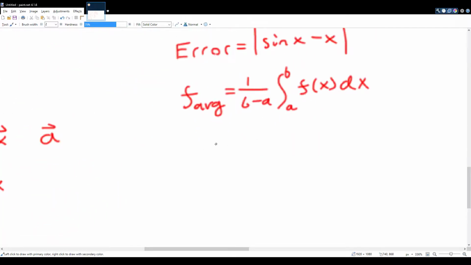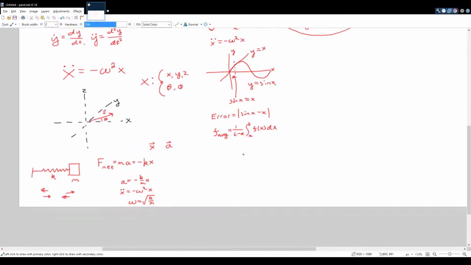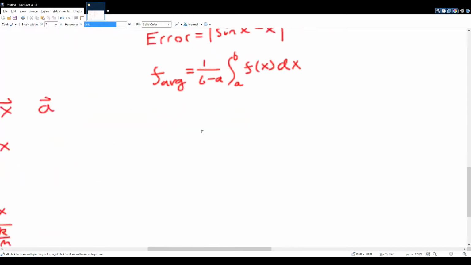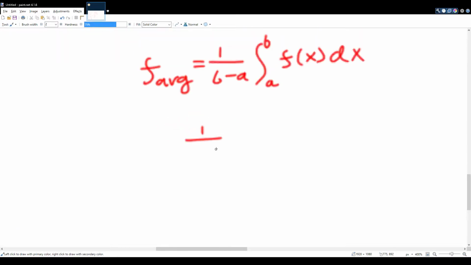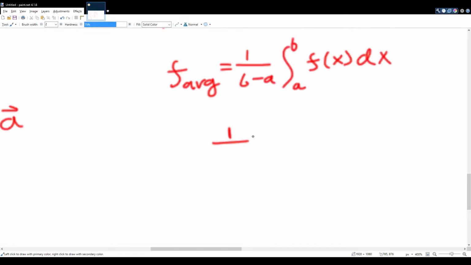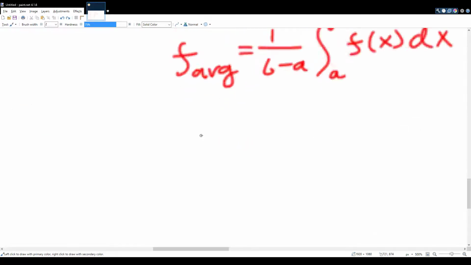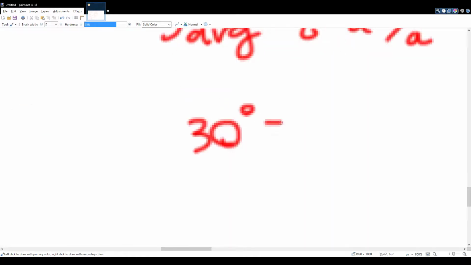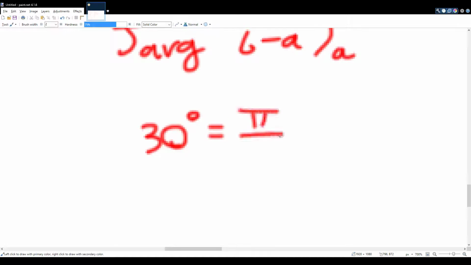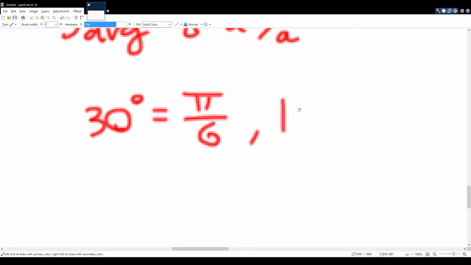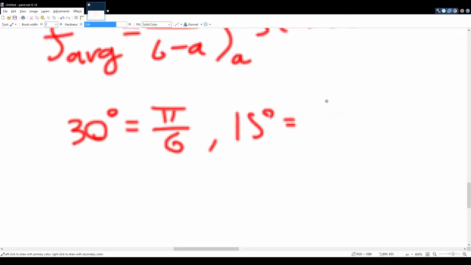So the average error is going to be, let's pick an arbitrarily small angle, like 15 degrees. So the integral of, well, 15 degrees is, from your unit circle, 30 degrees equals pi over 6. Dividing both sides by 2 will give you 15 degrees equals pi over 12.